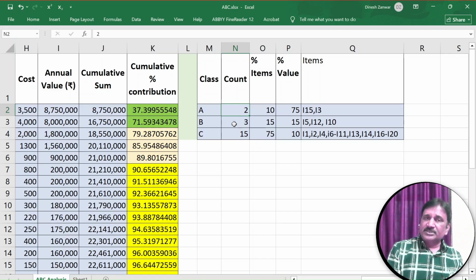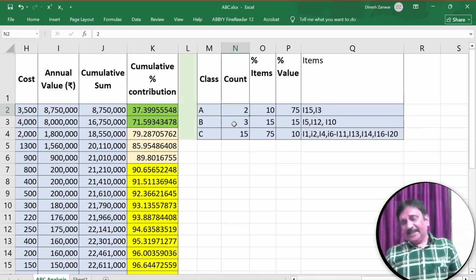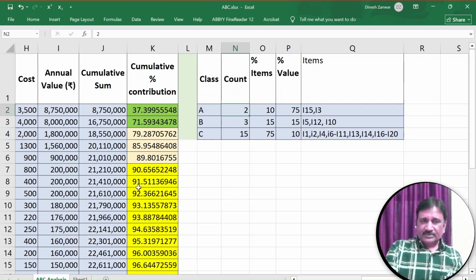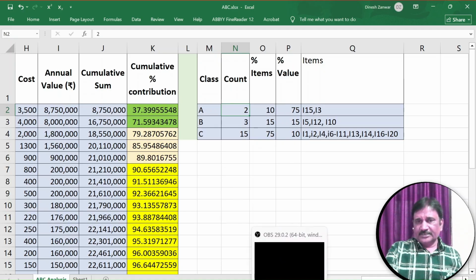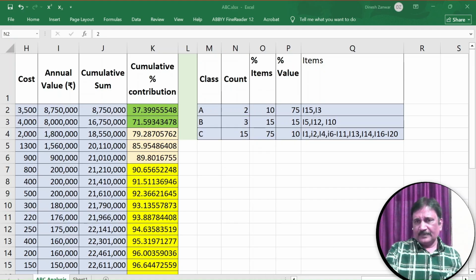Our concentration on the inventory management of B class items will be moderate, and our focus on C class items will be lower because they are high in number, but they contribute very little. So this is the ABC analysis, right? Right here we will stop for ABC analysis.